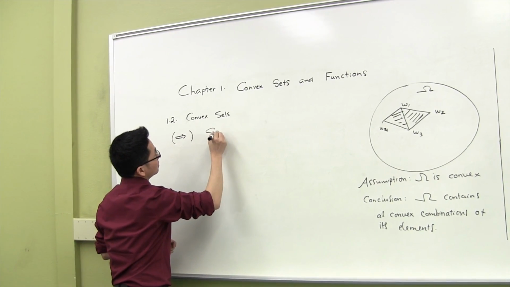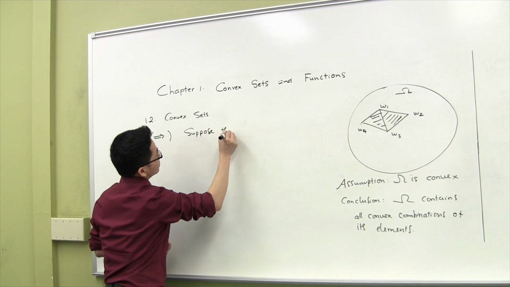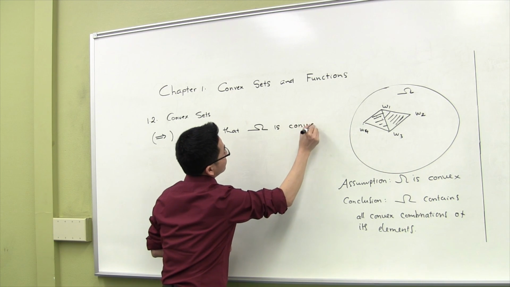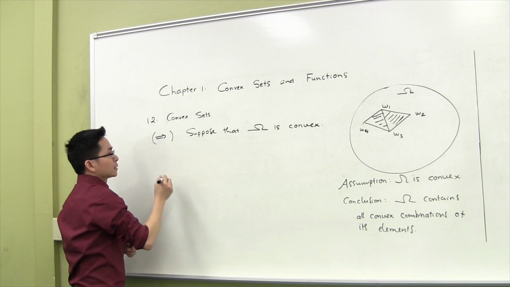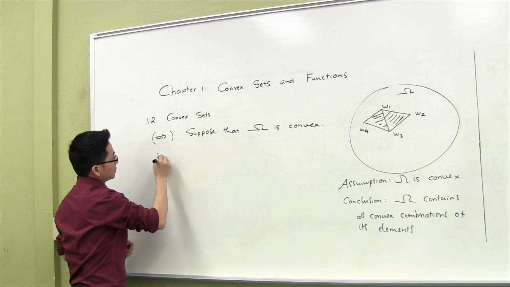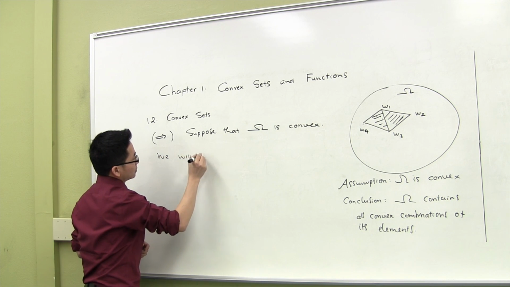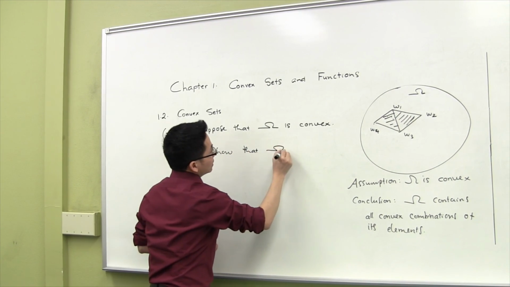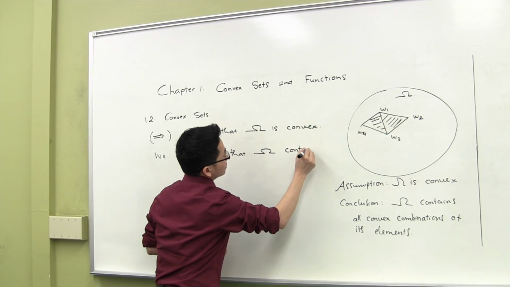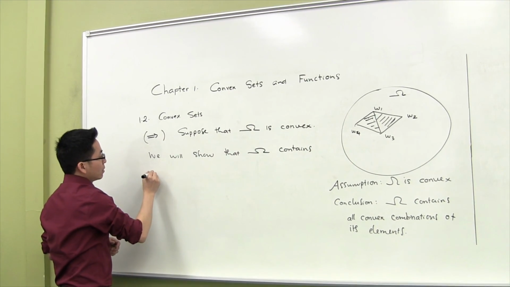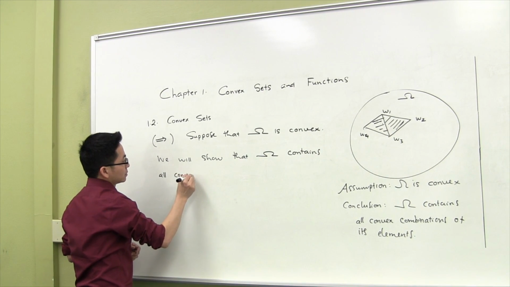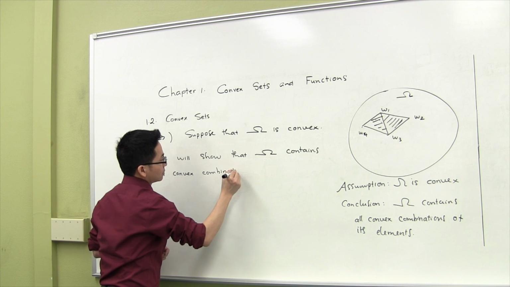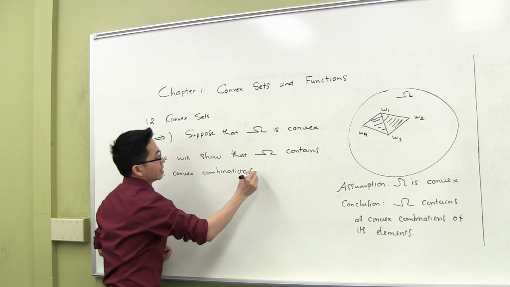Suppose that omega is convex. We will show that omega contains all convex combinations of its elements.